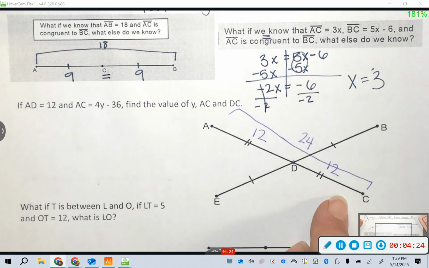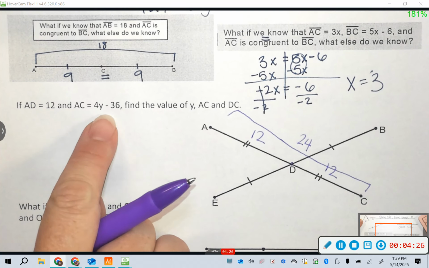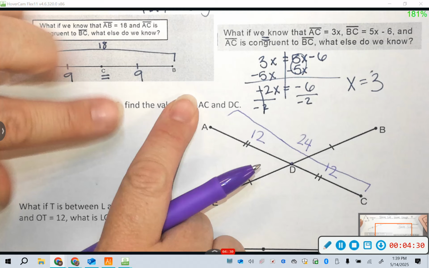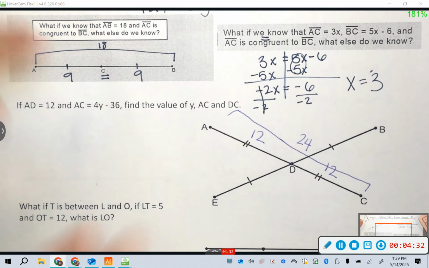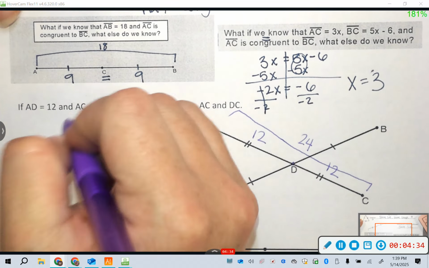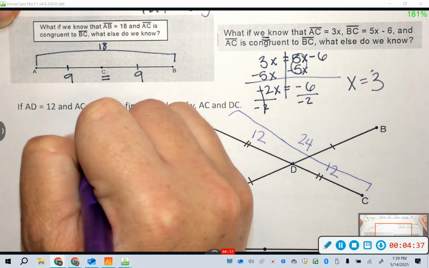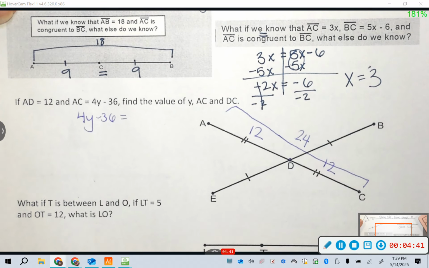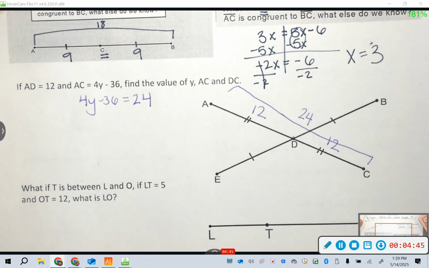Okay, so knowing that, if I come back here, it does tell me AC is 4y minus 36, and it says find y. So if it didn't ask for y, would we even care about this? No, but it does ask for y, so we do have to figure it out. So if AC equals 4y minus 36, what do we already know that AC equals? 24. And now we can solve. So what do we do?